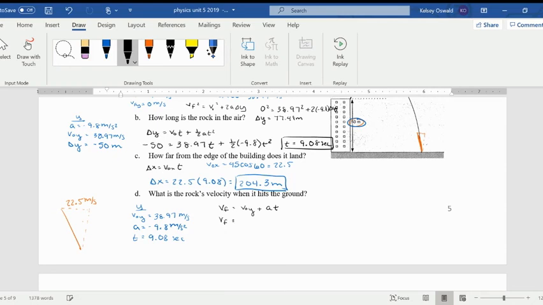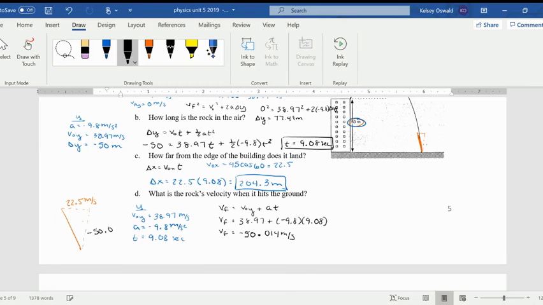Remember, it's not 0 right before it hits the ground, because before it hits the ground, it's still moving. So we actually need to solve for what that value is. And we'll find vertically, the rock is moving at a rate of negative 50.014 meters per second. Again, that makes sense that it's negative because it's moving downward.